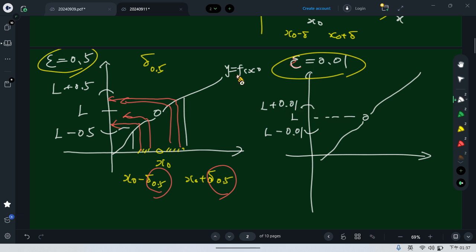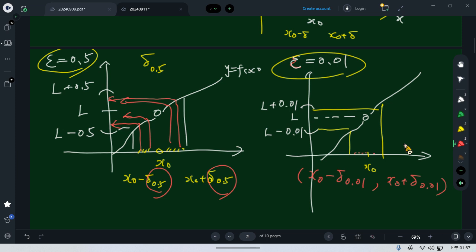Even though the epsilon became smaller, I still can return another delta, 0.01. Then we form a range from S0 minus delta 0.01 to S0 plus delta 0.01.